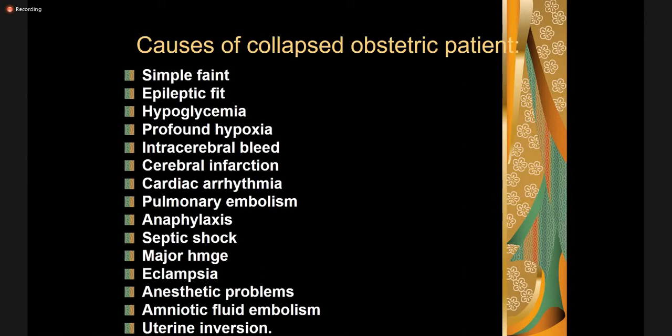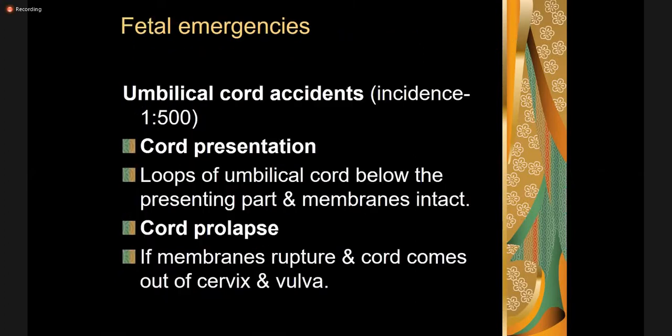Pulmonary embolism, anaphylaxis. Anaphylaxis can occur with any drug. Septic shock, hemorrhage, eclampsia, anaesthetic problem, amniotic fluid embolism, and uterine inversion. Now this was all about the maternal emergencies, right?